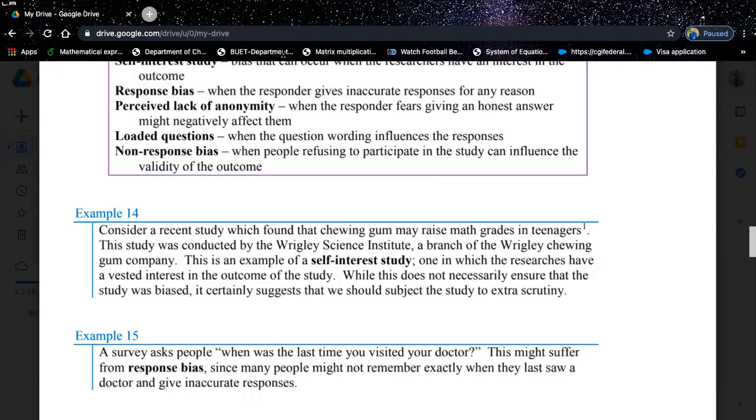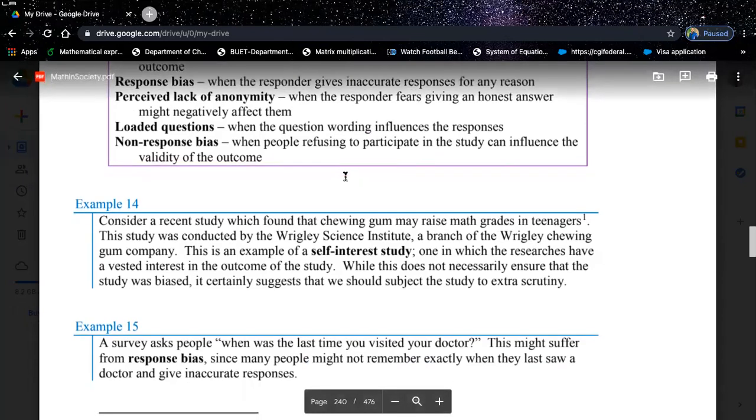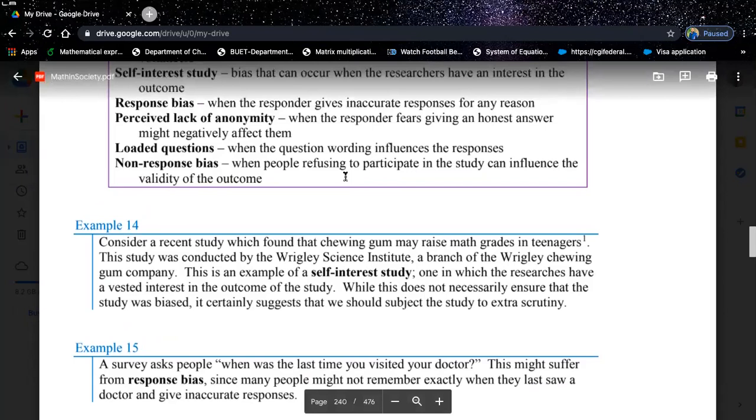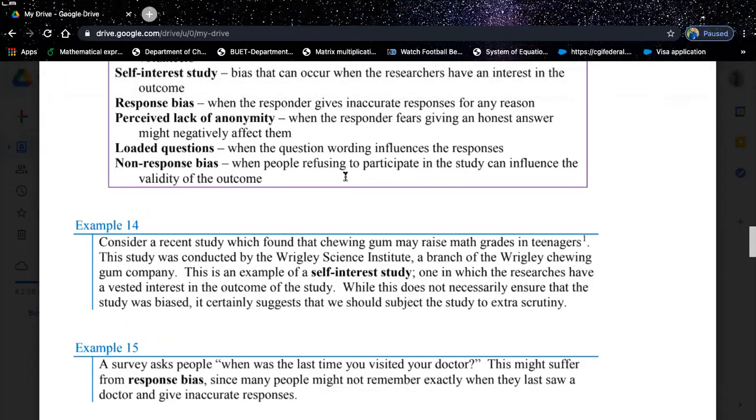Okay, all right. Next, we have perceived lack of anonymity. Okay, what's that? So when the responder fears giving an honest answer might negatively affect them. Okay, who can give me an example of it?